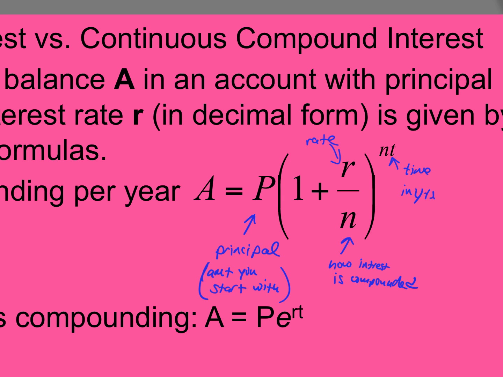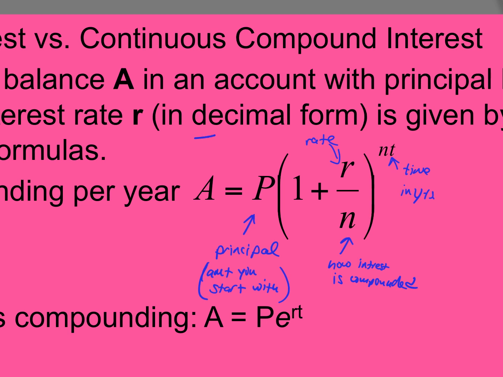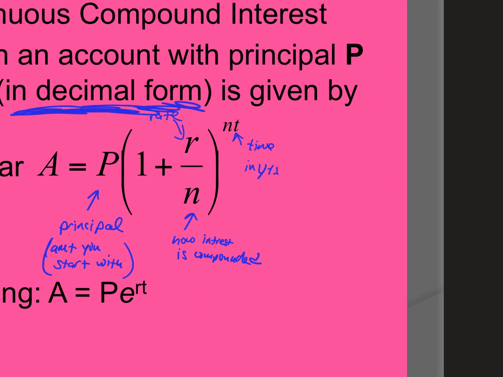Now, when we talk about rate, guys, what does it say right here? It has to be in decimal form. So if I tell you that you have an interest rate of 4.25%, is that in a decimal? Yes or no? No. But it has a decimal point. It's a percent.